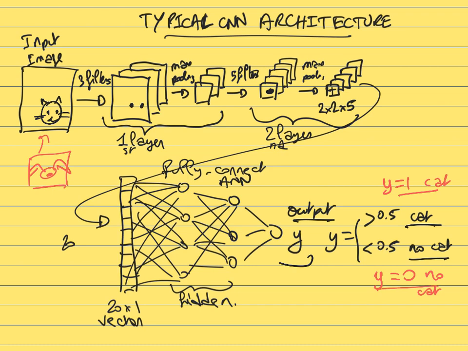So you will provide a lot of examples of pictures where it's cat or no cat, and you will train your model to give you the answer that you expect. And the model will learn by trying to adjust the weights so that it can predict properly the images that you give the model as a training set. So the way the model is going to learn is to change the value of the coefficients that are free to change, the weights.